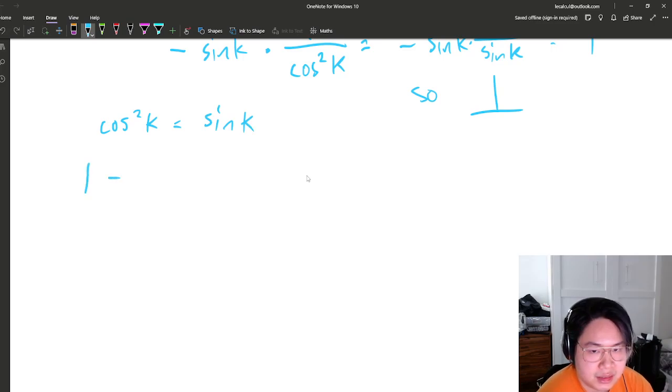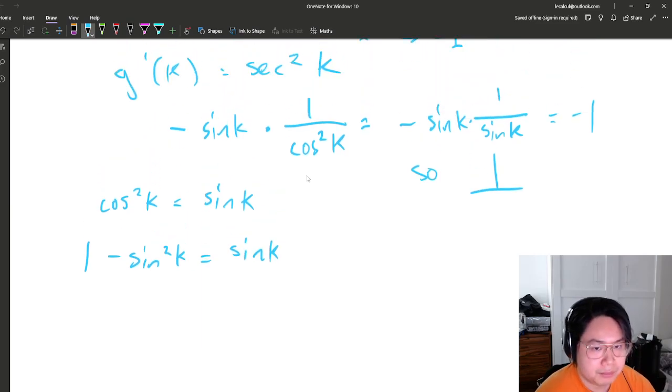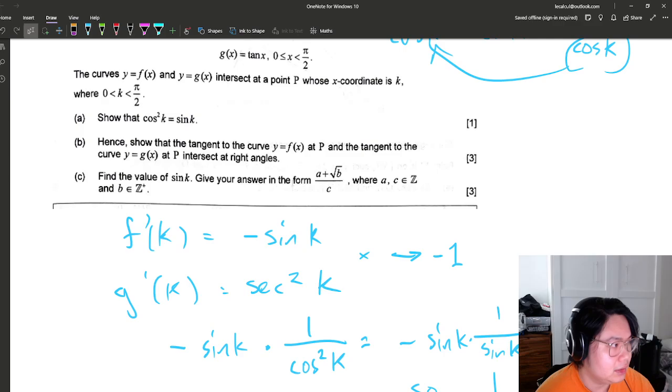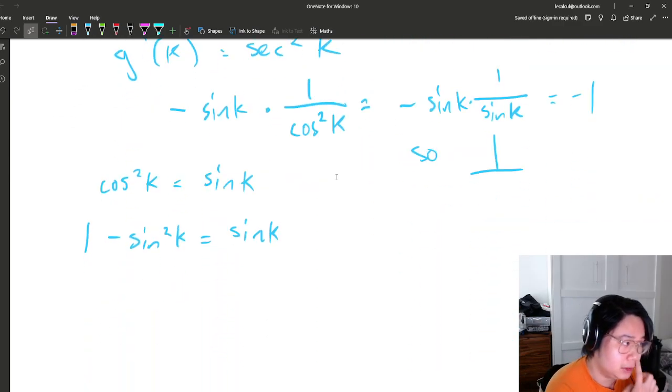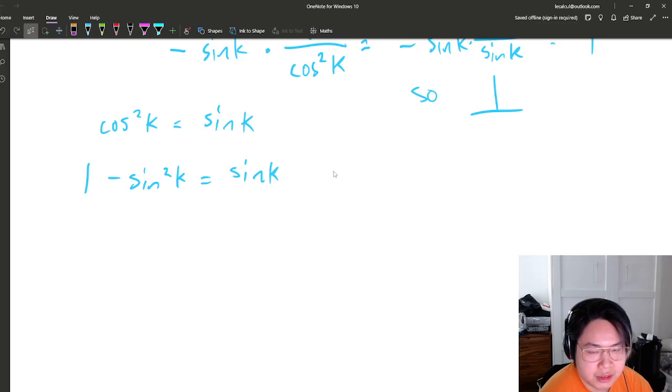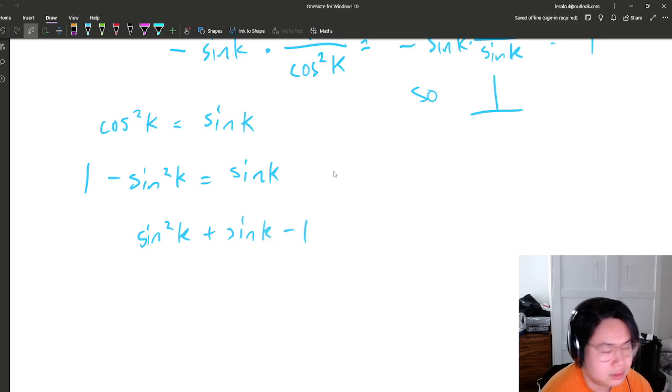First we use the Pythagorean identity so that everything is written in terms of the sine ratio. And then this is a quadratic for sine. This is a good sign, because they want you to use the quadratic formula. So rearranging everything, you'll get sine squared k plus sine k minus 1 equals 0.